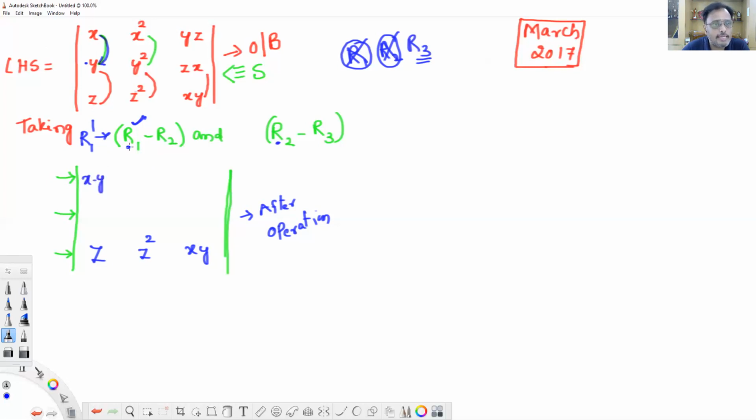Next here x square minus y square. Next yz minus zx. If I take z as common factor, here I'll write yz minus zx, z times (y minus x), or if I write minus z, it is minus z times (x minus y). x minus y.